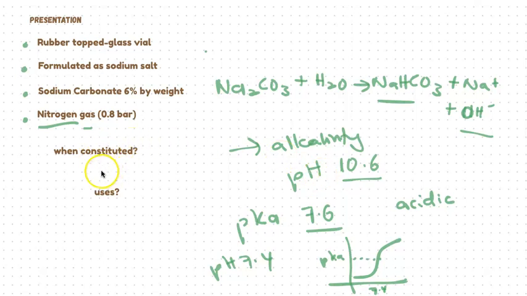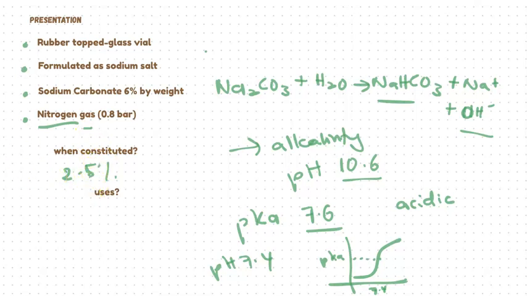When we constitute it, it will leave us with a 2.5% alkaline solution, and it is unstable once constituted. So it is recommended to use it between 24 to 48 hours after reconstitution. It is also bacteriostatic, meaning within this recommended time you can be assured that there won't be any growth of bacteria due to this insanely alkaline solution.